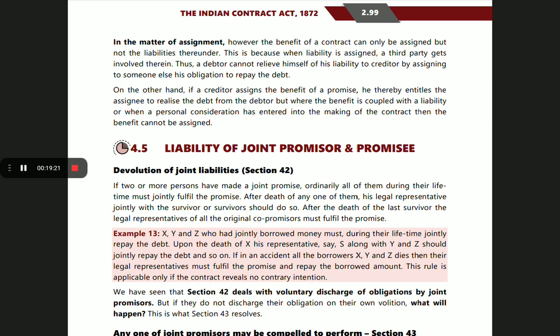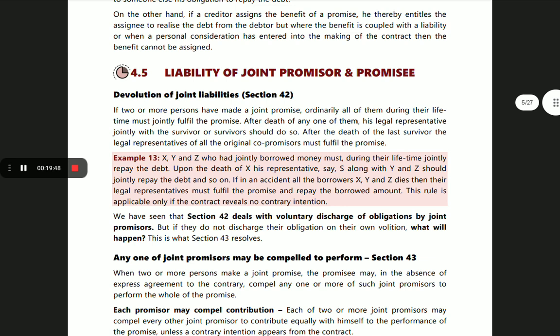If in an incident all the borrowers X, Y and Z die, then their legal representatives must fulfill the promise and repay the borrowed amount. This rule is applicable only if the contract reveals no contrary intention.